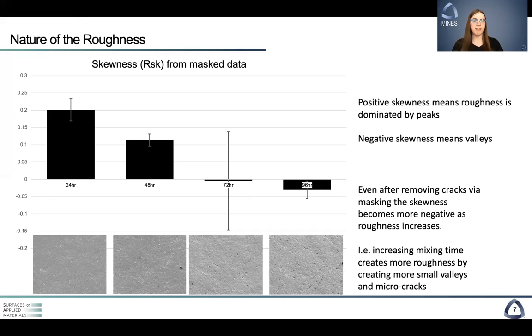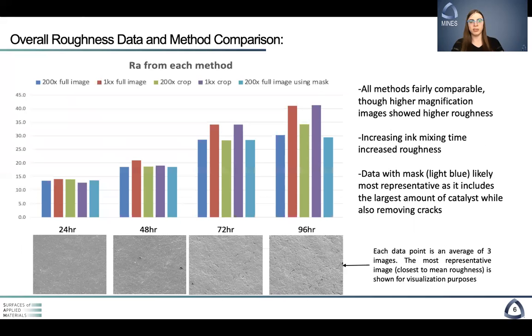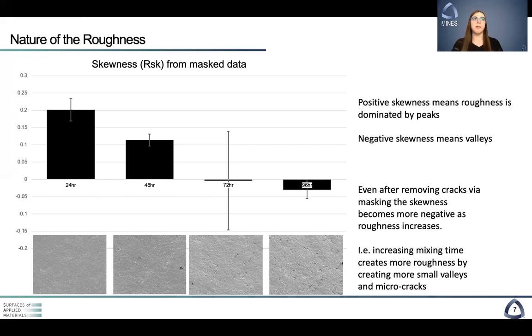And we can see a very clear trend that our roughness was initially dominated very much by peaks and particles, but that as the roughness increased, remember roughness was increasing, the type of roughness was actually becoming more valley-like. So this tells us that as we increase mixing time, the roughness was increasing specifically because of valleys and microcracks.